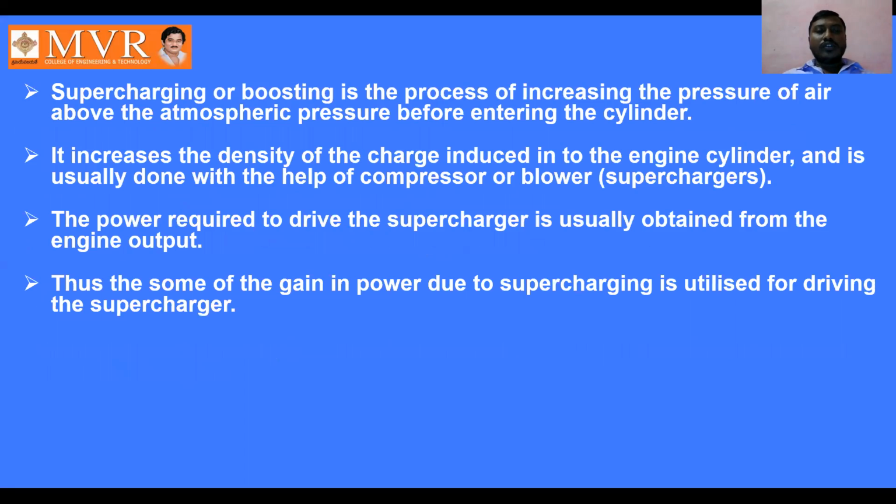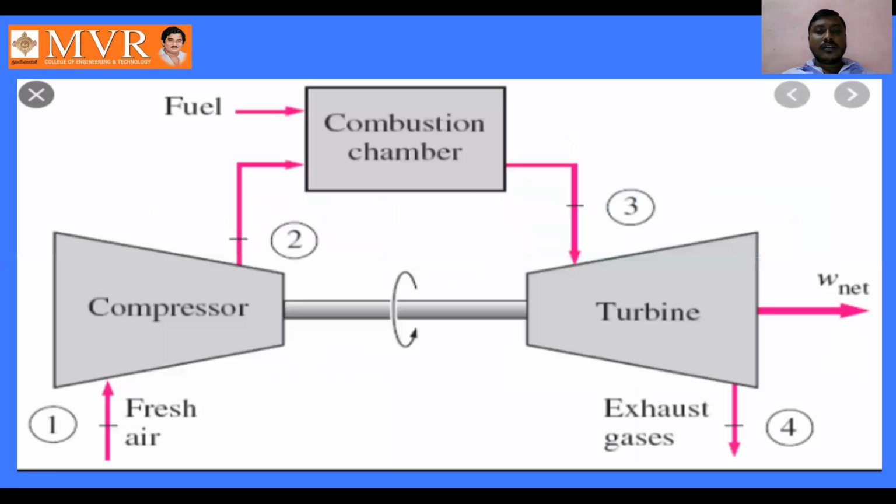Coming to the next topic, the gas turbine plant. We can observe that we have main components in the gas turbine power plant: the compressor, the combustion chamber, the turbine, as well as the exhaust gas.